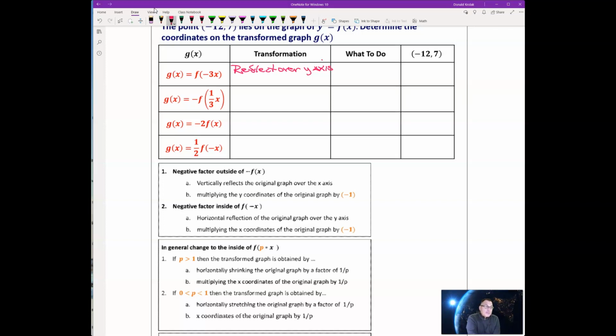So think about multiplying by 3, and you'd think it would get farther from the y-axis, but it's actually going to get closer. So this is going to be a horizontal shrink or squeeze by a factor of 1/3.